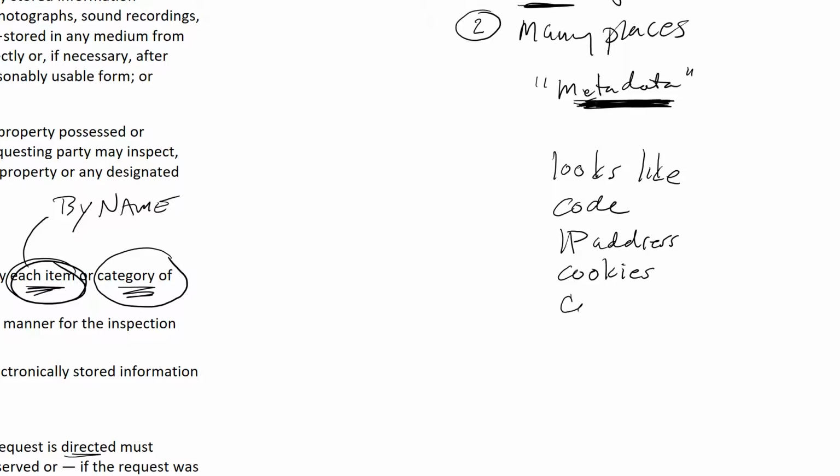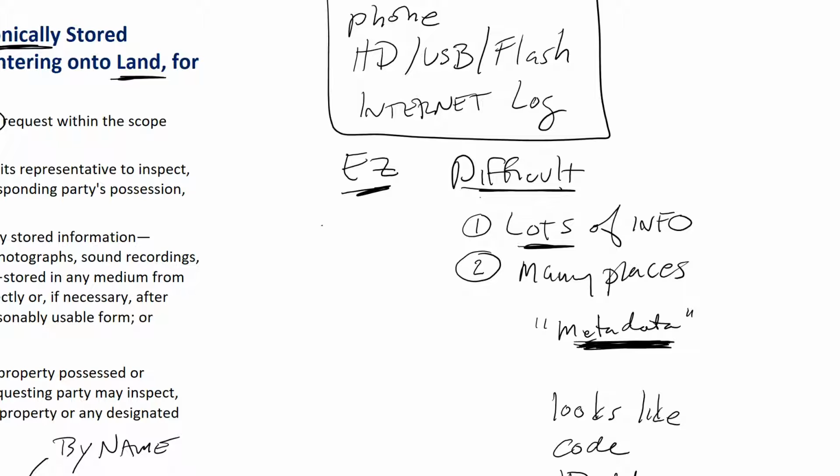You have the cache, which are temporary files that are kept along with a browser. You have browser history. You can just go on and on about all kinds of stuff that are potentially found in digital files, so that even if it's easy to search, it's difficult in the sense that there's so much more information for you to look at before you reveal it.